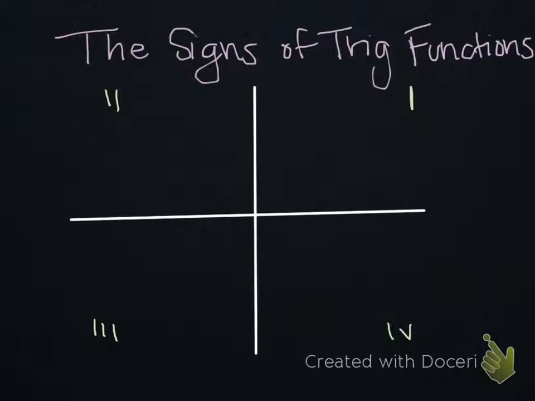In the first quadrant, my coordinate is made up of a positive x and a positive y. So if x and y are both positive, and r is positive because it's a radius, that means all functions are positive. And I'm underlining the A for a reason I'll explain in a moment. In quadrant 2, my coordinate has negative x's and positive y's. So the y value is positive, so the trig function that deals with y is sine.